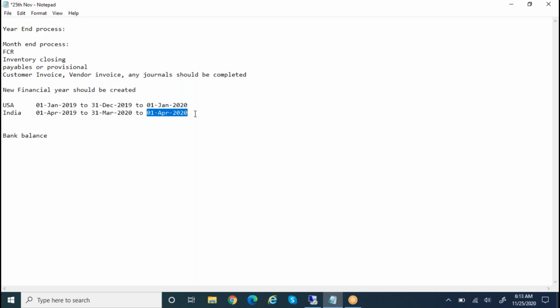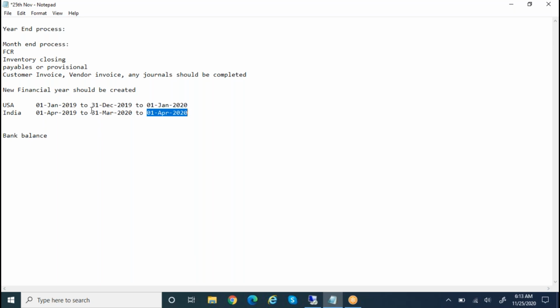So bank balance, suppose on 31st March in India, take the example, I have a bank balance of 15 lakhs. Then this closing balance of March 31st should be transferred as the opening balance on 1st April 2020 in the system. That is the opening balance.